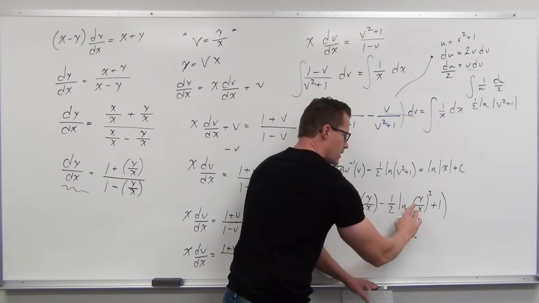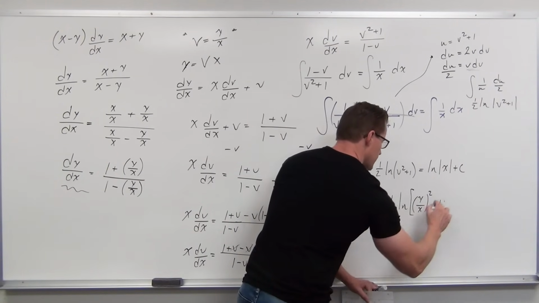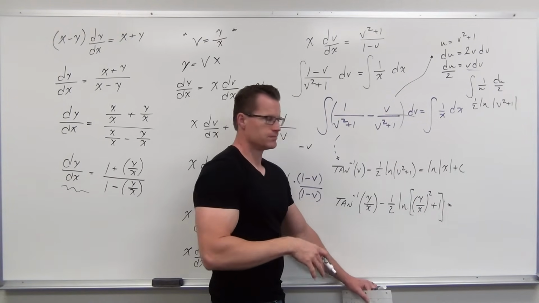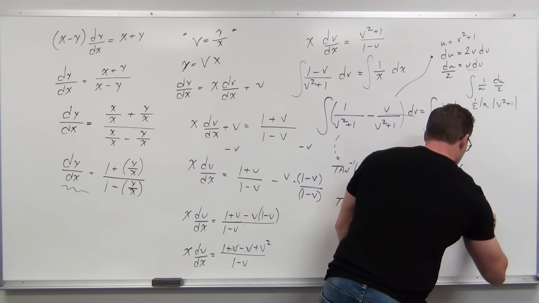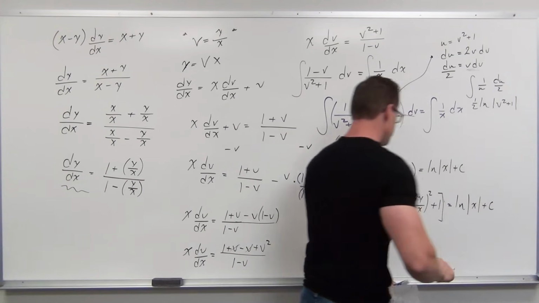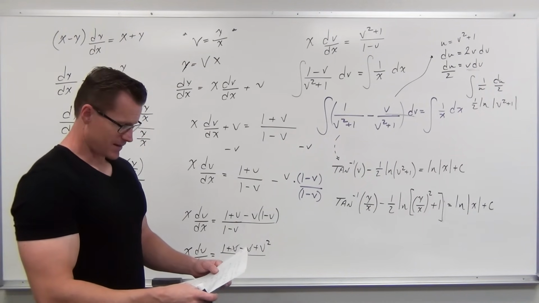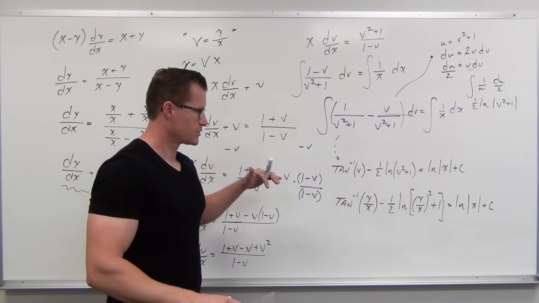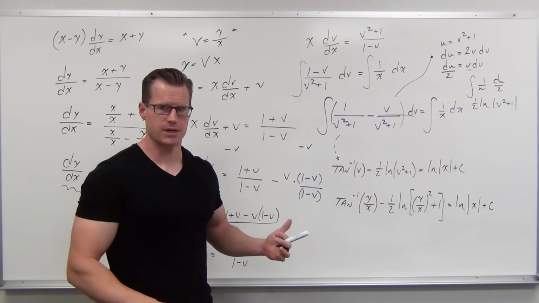I'll probably use a bracket around that, make it look a little neater. Equals natural log absolute value of x plus c. I know it doesn't look nice, but that's about as nice as we can make it look. Otherwise, we're starting to try to undo a natural logarithm and a tan inverse at the same time, and we're going to run into some major issues.